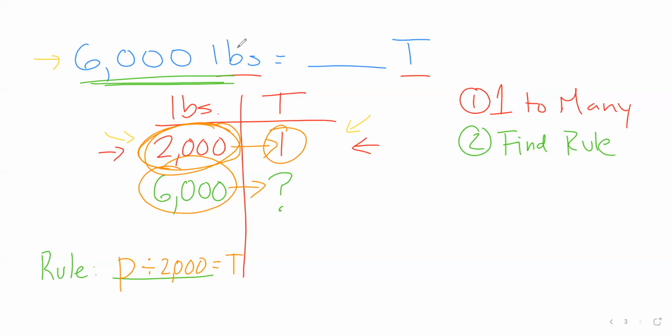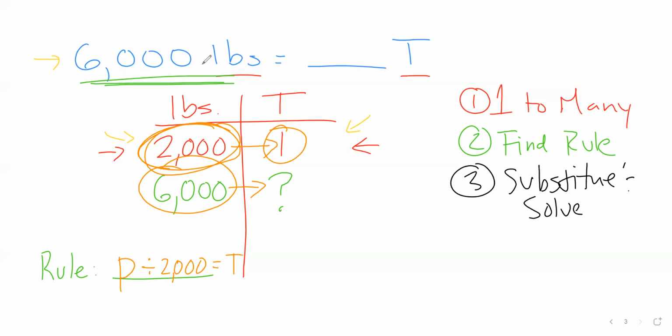So now we substitute, and maybe we should really put that into that rule, right? The final thing is to substitute and then solve. Maybe that's really going to help us, because now this is what I need to solve. Well, I now know P. It's 6,000.